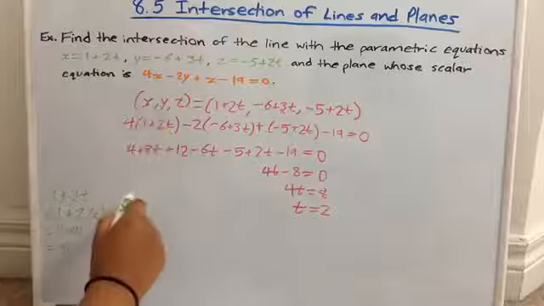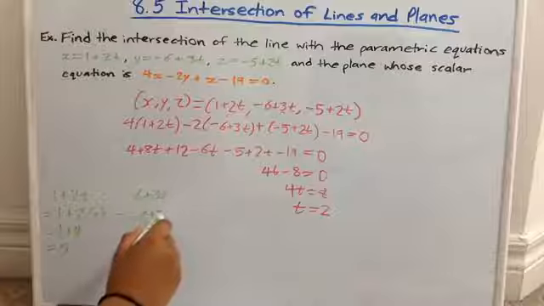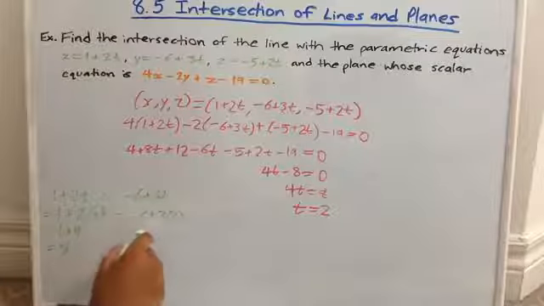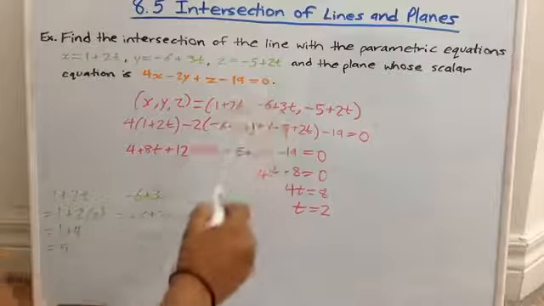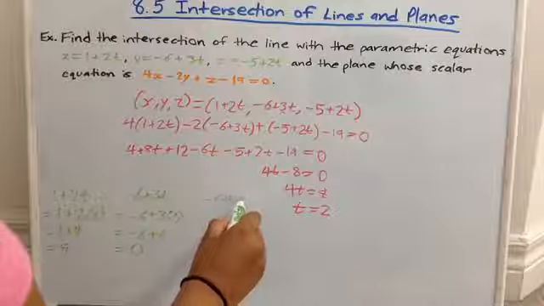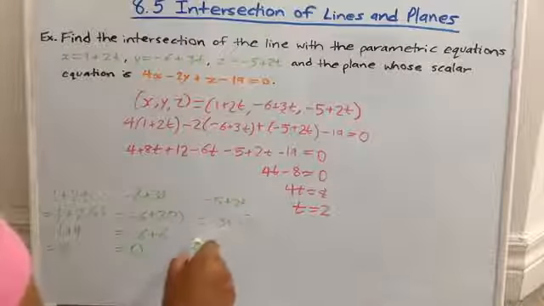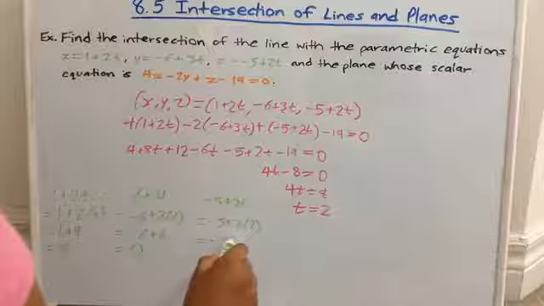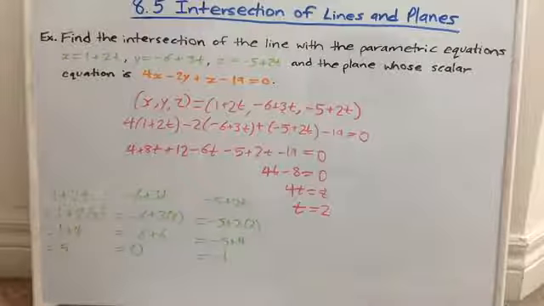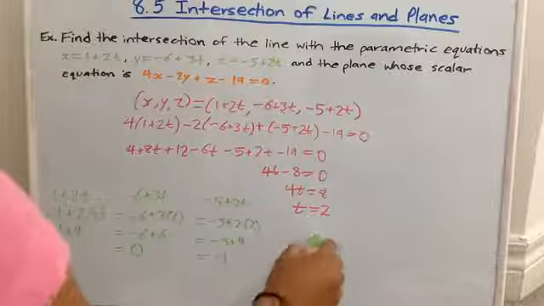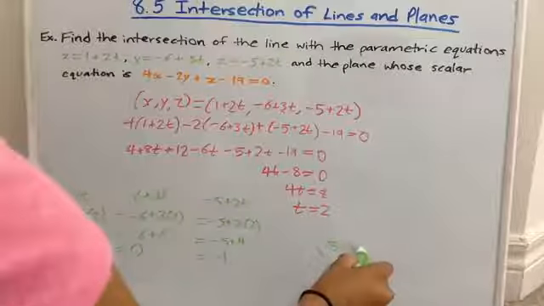Now for y, we have negative 6 plus 3t, so we get negative 6 plus 3 times 2, which is negative 6 plus 6, and this gives us 0 for the y value. And for z, we have negative 5 plus 2t, which is negative 5 plus 2 times 2, which is negative 5 plus 4, and this gives us negative 1 for the z value. Therefore, the point at which the line intersects the plane is 5, 0, and negative 1.